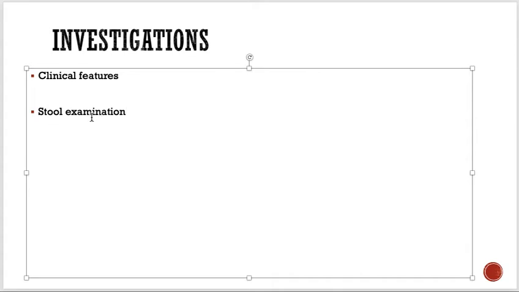Basically they preserve the sample in 10% buffered formalin solution, and then do the detection. Because whenever they look at an unfixed specimen, there are higher chances of missing the diagnosis.